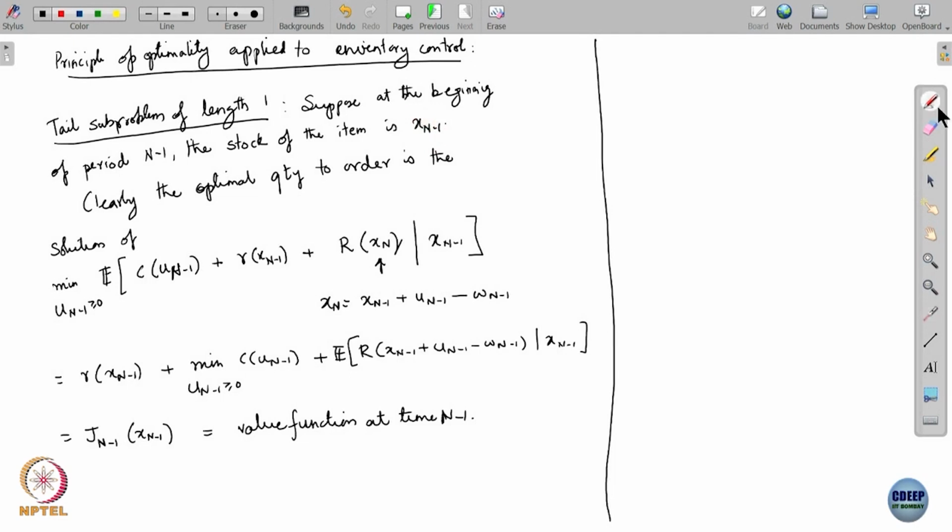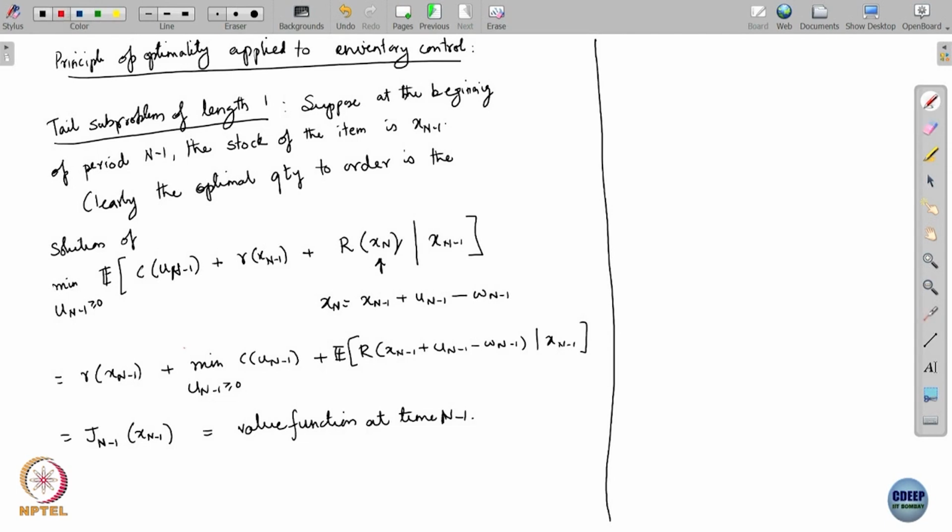Now, let us look at the tail subproblem of length 2. But before I mention that, notice what we have got here. Of course, we have the optimal value of starting from any state x n minus 1 that you could potentially reach. But in addition, we have also got the optimal action to be taken as a function of that state.